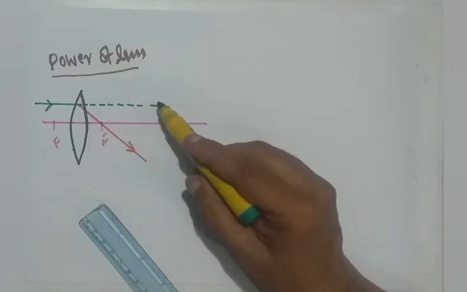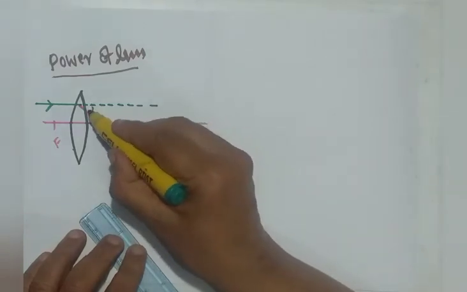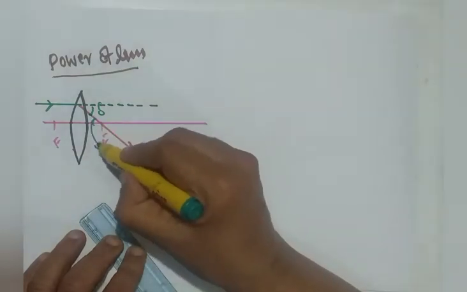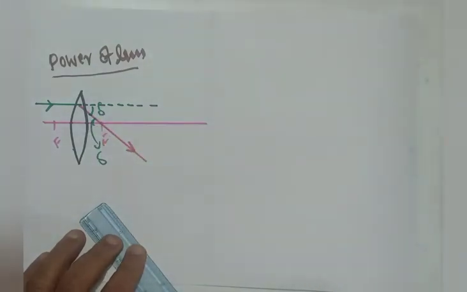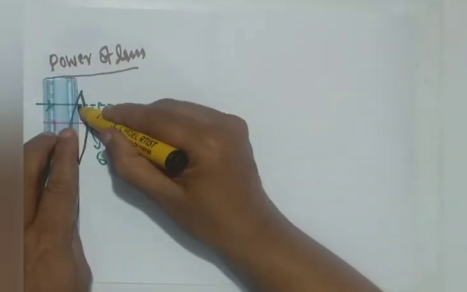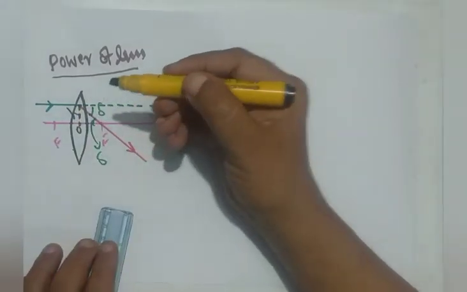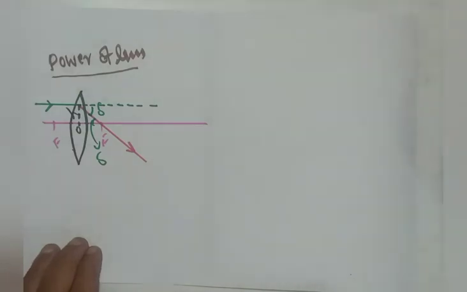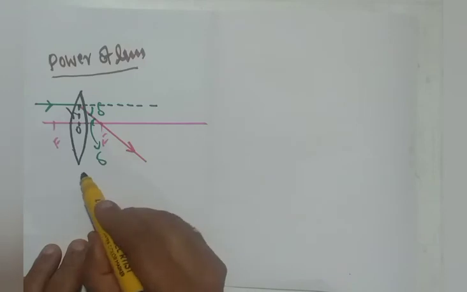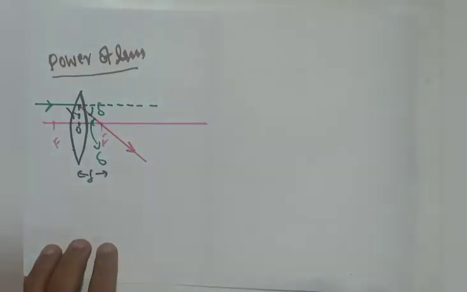So with this, we think of this angle. This is delta, what I call, and this is also delta because they are alternate angles. Now we join this point on the lens to the optic center. We call this O and this height h. Using this, we can define the power of lens, but this distance, as you know, is the focal length, that is optic center to the focus.